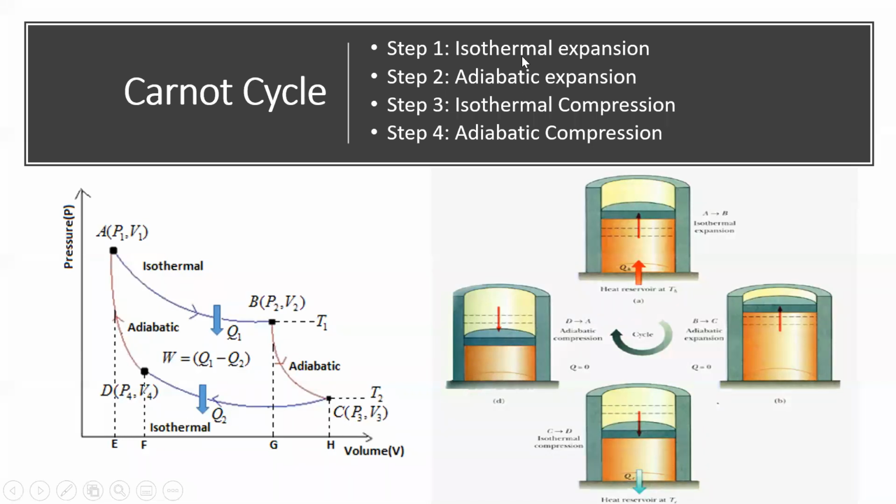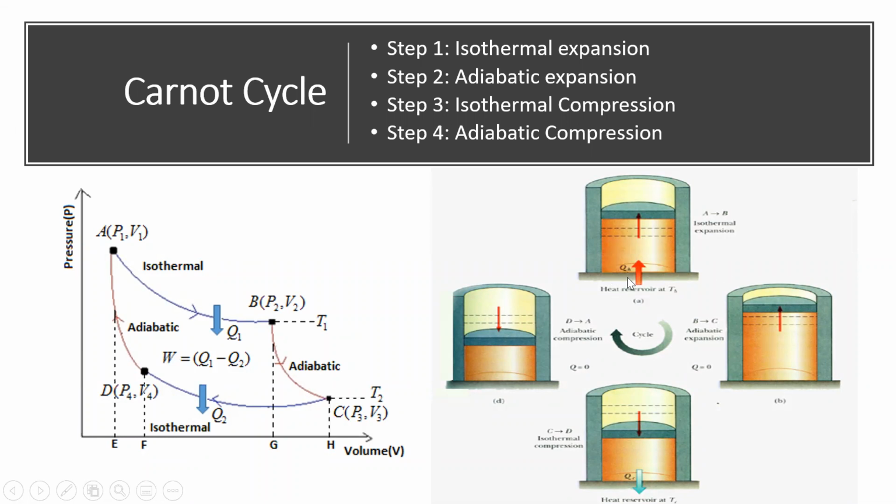So it's an isothermal expansion. It is a slow expansion where an amount of heat, say Q1, is absorbed by the gas. After that, we keep the cylinder containing the gas on the insulating pad.